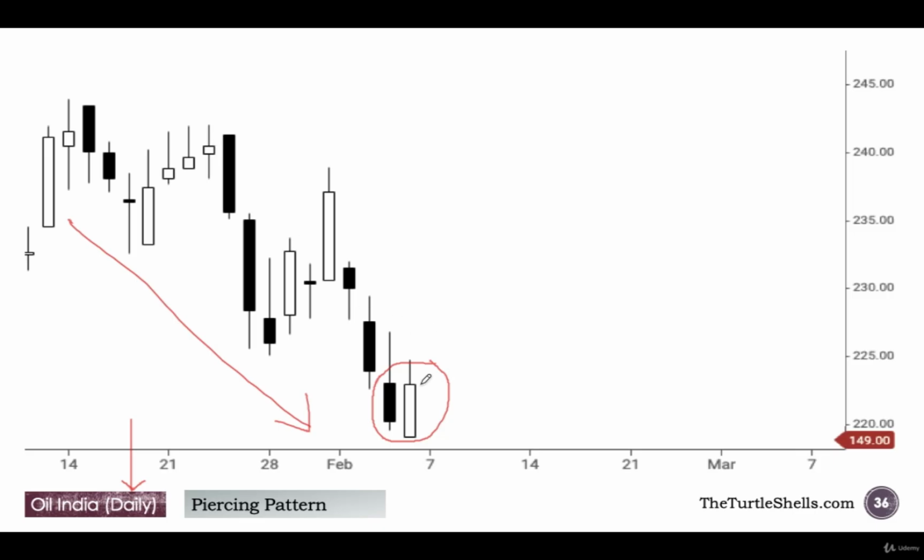So if we consider taking a long position here, that would be our entry point. Below the low of the piercing pattern, which is the open of the white candle, we keep our stop loss. And we can probably aim at this one. This is resistance 1. This would be resistance 2.